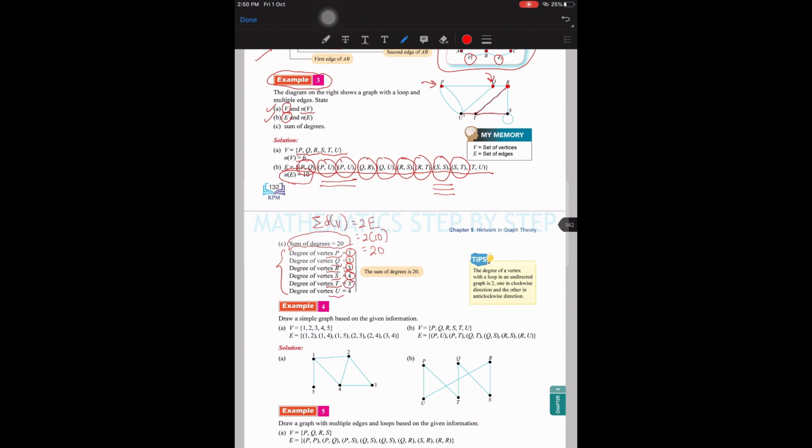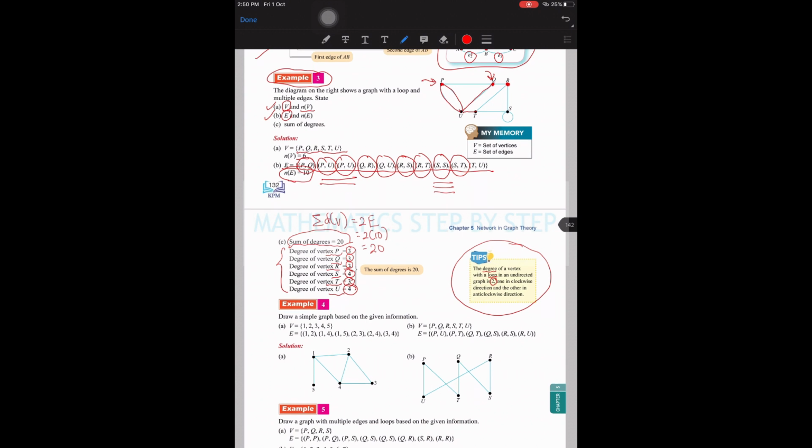Then lastly, vertex U. This is the first line, this is the second line, this is the third line, and this is the fourth line connecting vertex U. Okay, so degree equals to 4. Okay, so again, let's go through these tips. The degree of a vertex with a loop in an undirected graph is 2. Okay, one in clockwise direction and the other in anti-clockwise direction.